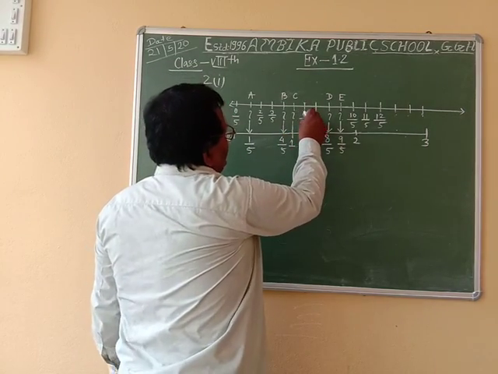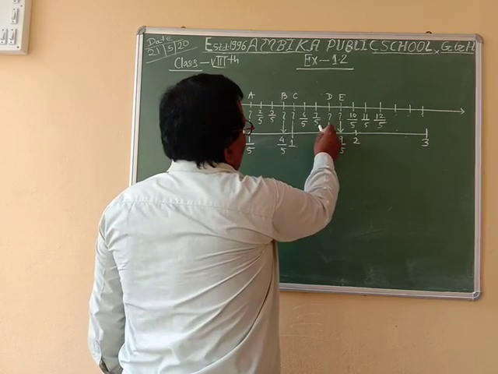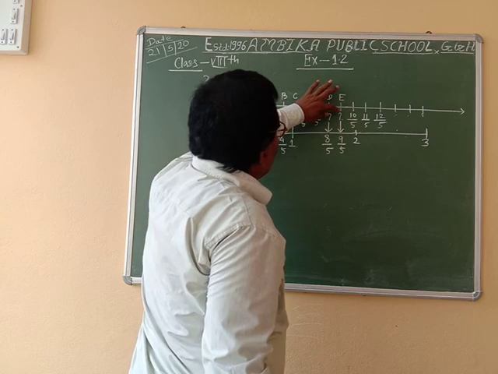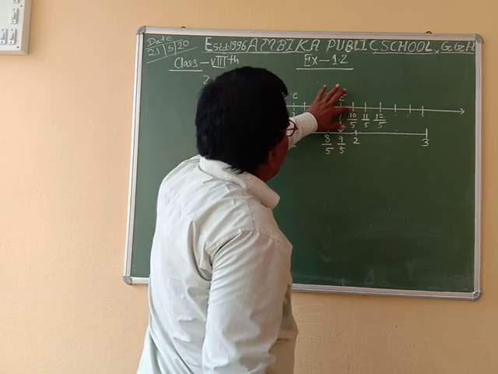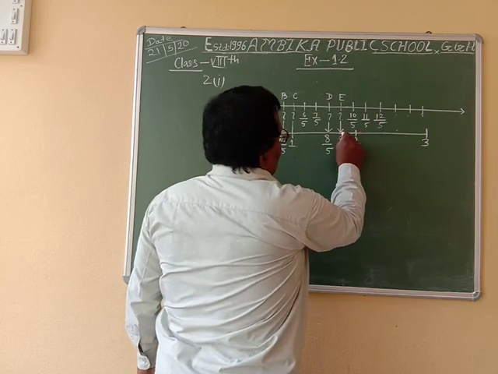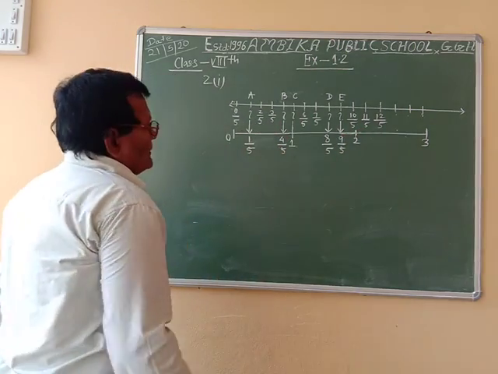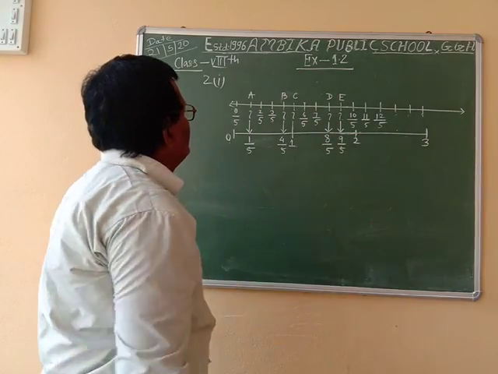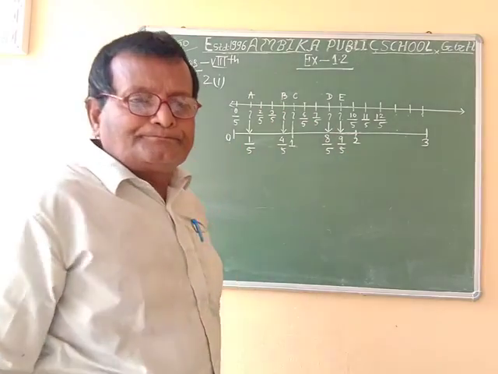Also the next points are 6 by 5, 7 by 5, D will represent 8 by 5, E will represent 9 by 5, and 10 by 5 will represent 2. So in this way we represent the unknown numbers on the number line.